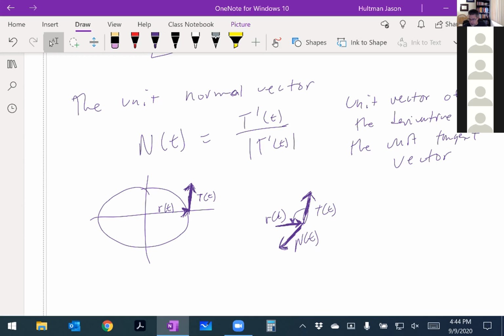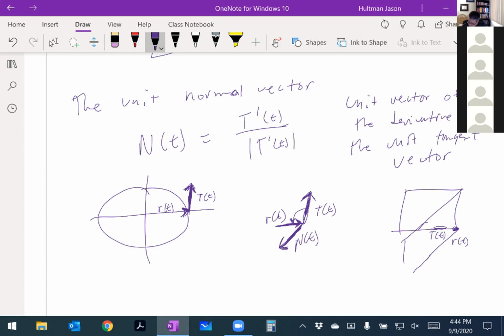Think of it like the corner of a wall, where all three of these are orthogonal to each other. This is r of t, this is T of t, and this is N of t.